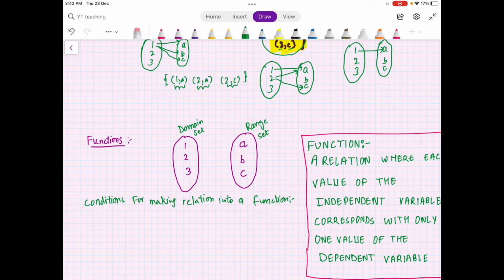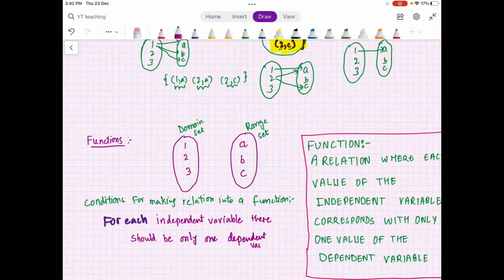We say that for each independent variable, there should be only one dependent variable.